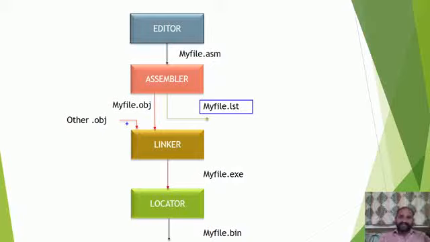That information is in the .obj file, and that .obj is also going to be included. Whatever .obj files are required to execute your program are accepted by the linker, and the linker is the one which links all the .obj files.